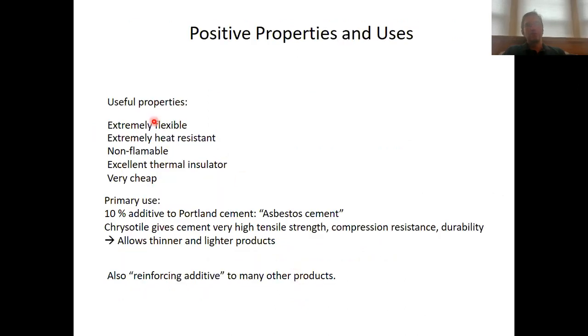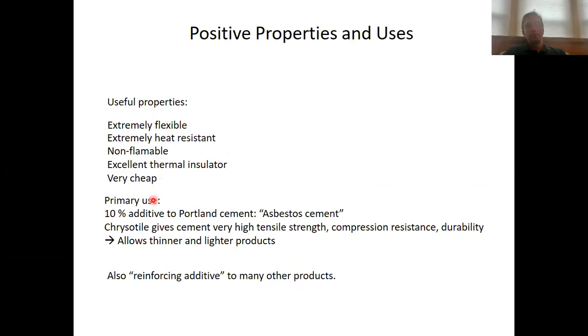These fibers are extremely flexible, extremely heat resistant, non-flammable, excellent thermal insulators, and they are also very cheap. You find them even as minerals in nature. You can just mine them in certain locations.